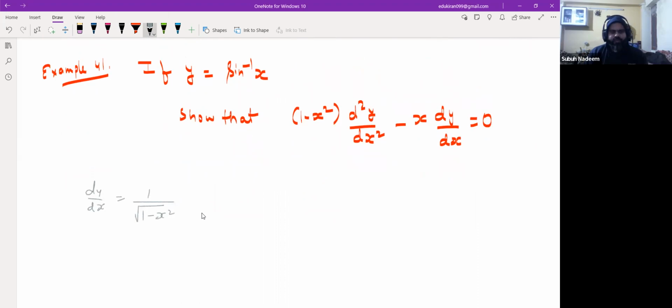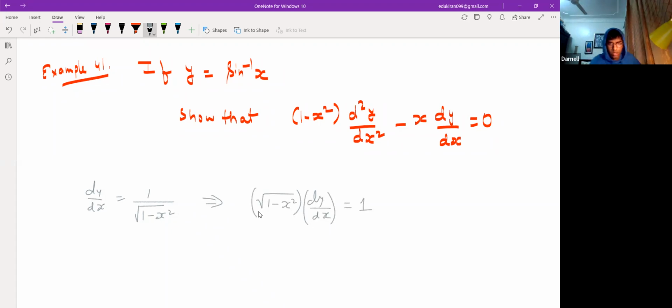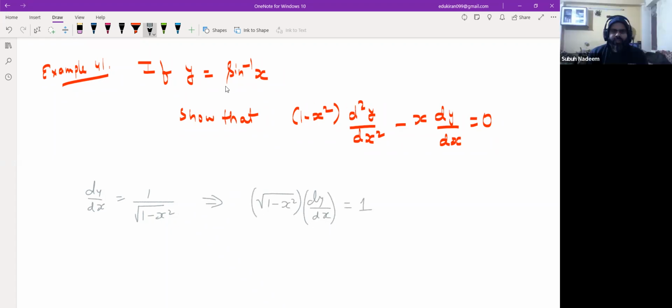Now you can differentiate it again, or you first take root over 1 minus x square on the left side, multiply so that this is equal to 1, and then differentiate it. Differentiation of sine inverse x is 1 by root over 1 minus x square. So you will multiply it and write it like this. Now again differentiate.